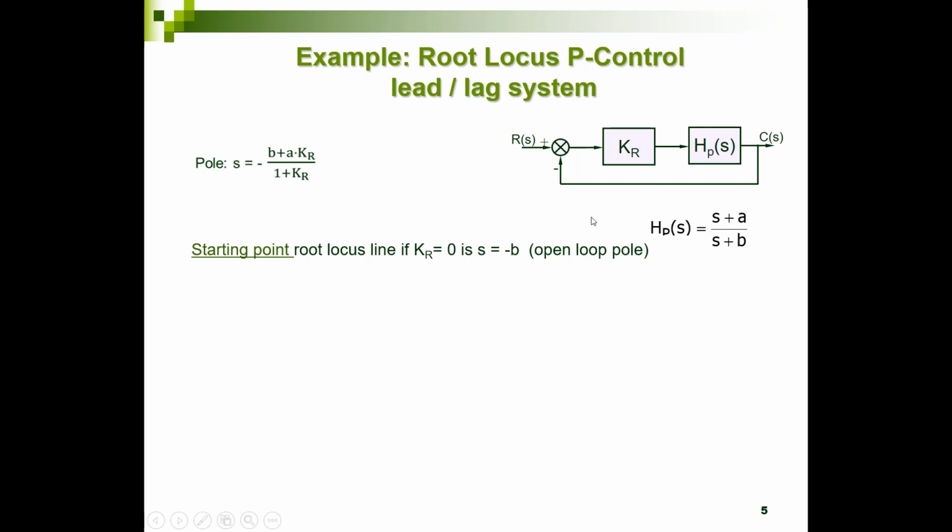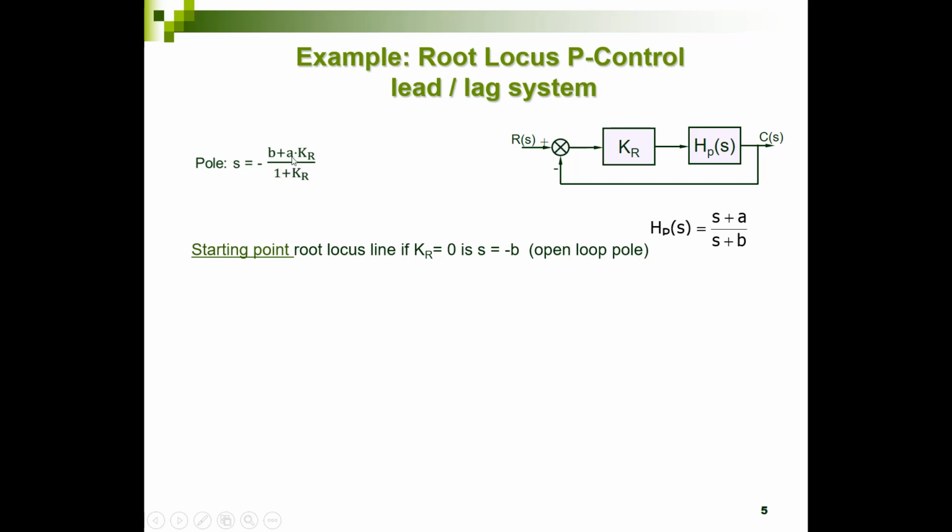When kr is infinity, the largest value possible, then in the numerator we can neglect the B with respect to this infinite number, and in the denominator we can neglect the 1 with respect to this infinite number.